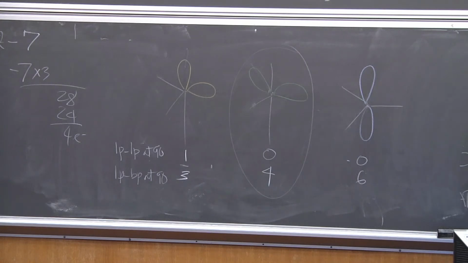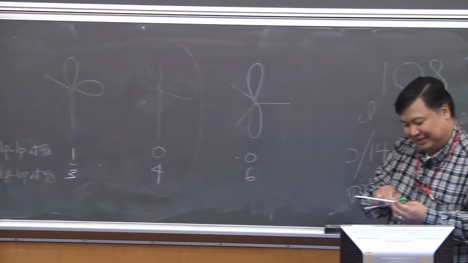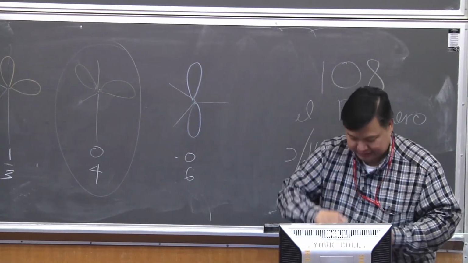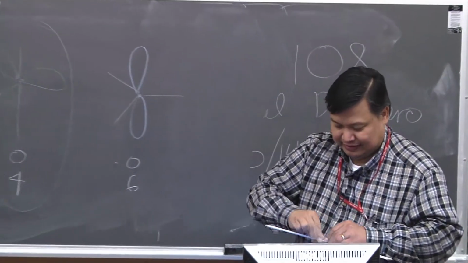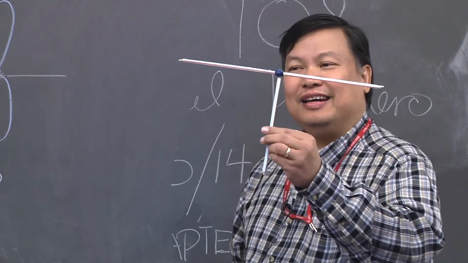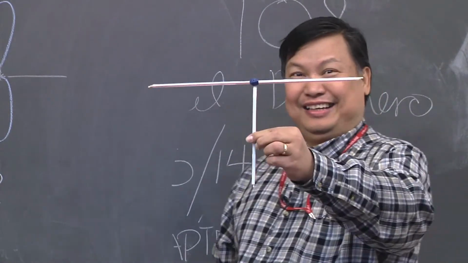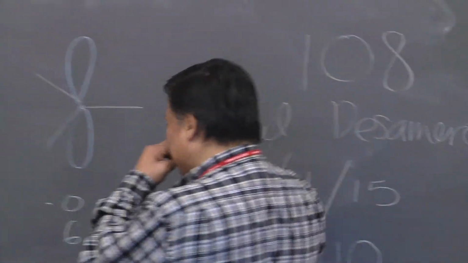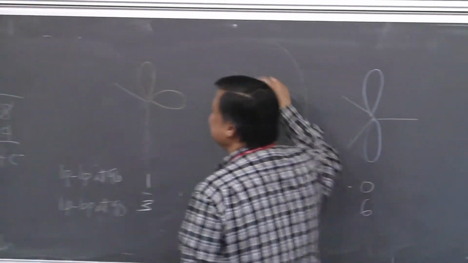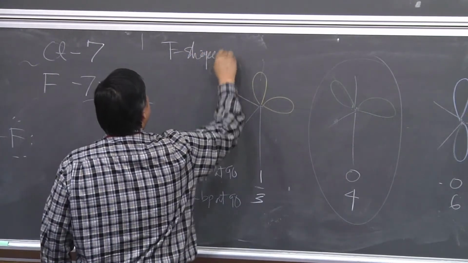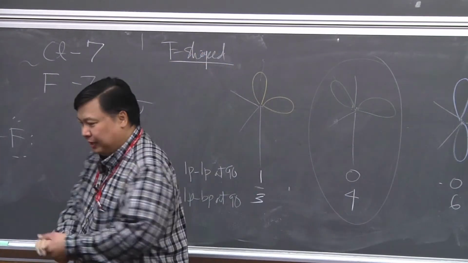Distorted something, right? What do you see? T-shape. Okay?